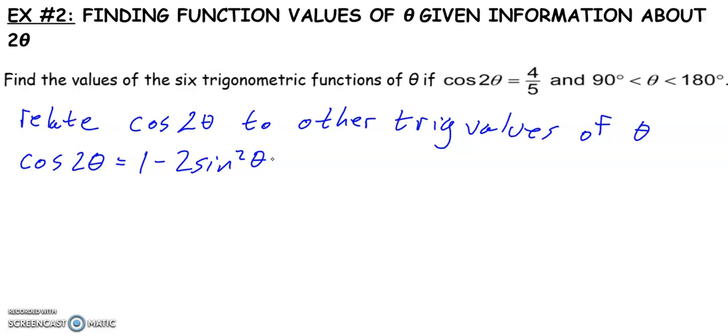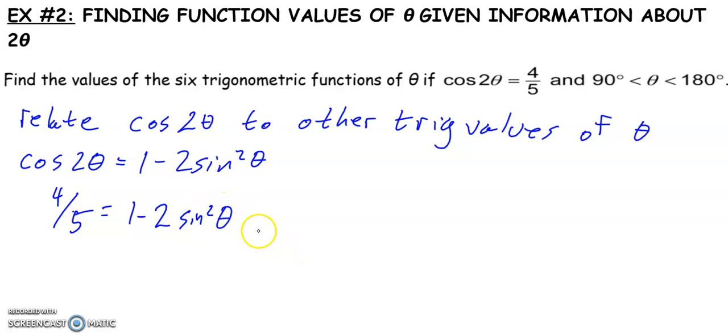It's the last one on the left, the third one down. Well, we know the cosine of 2 theta is 4/5, and that's going to equal 1 minus 2 sine squared theta.